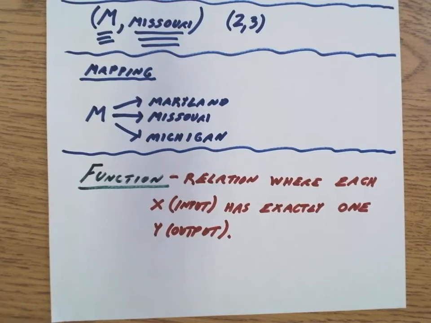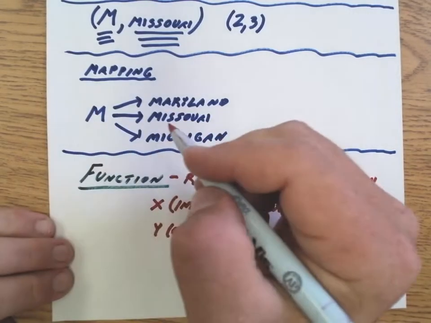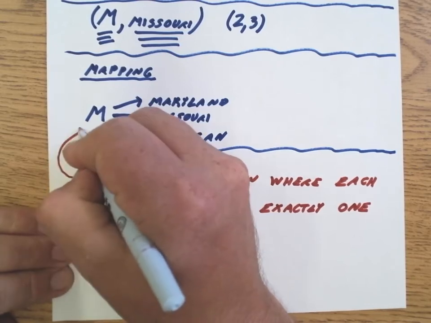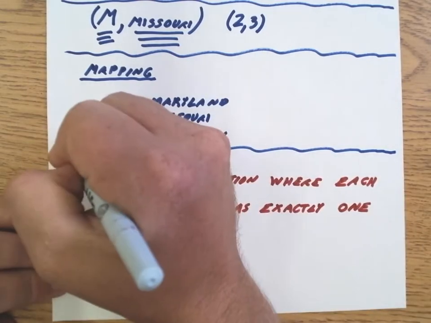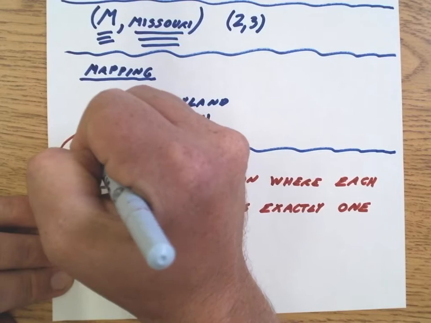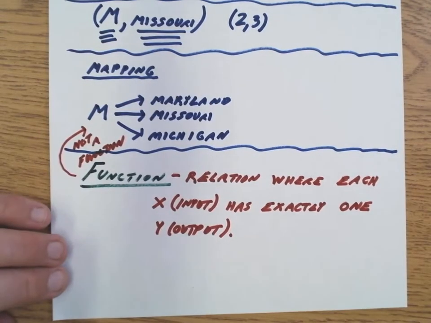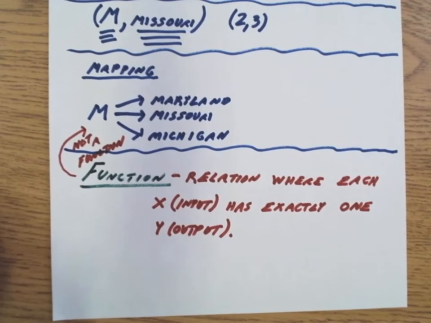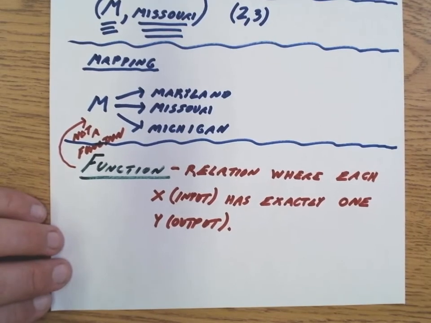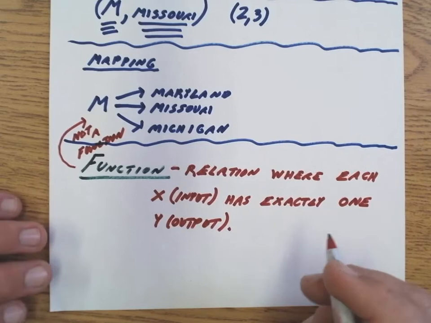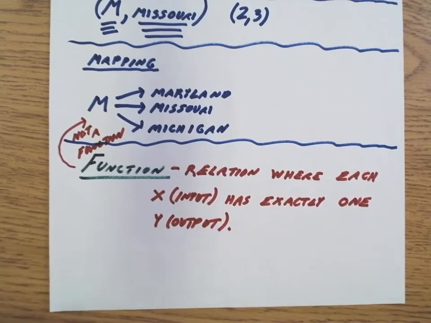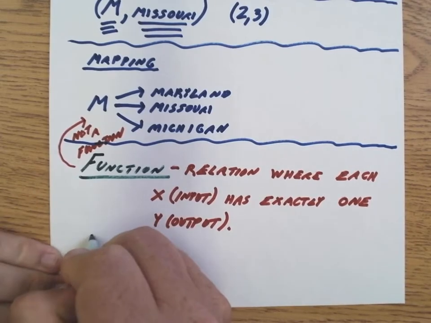Now, if we take a look up here, this is not a function, because each x has more than one y. Now I'm going to give you a list of ordered pairs, and we're going to see if this is a function.